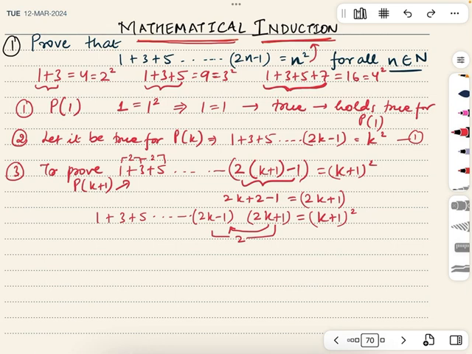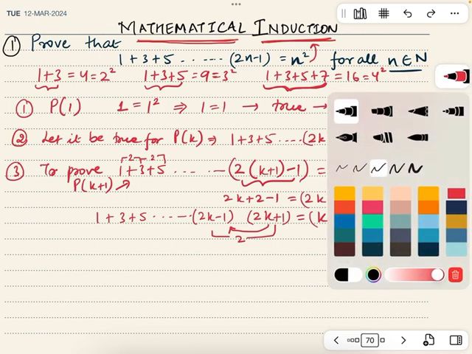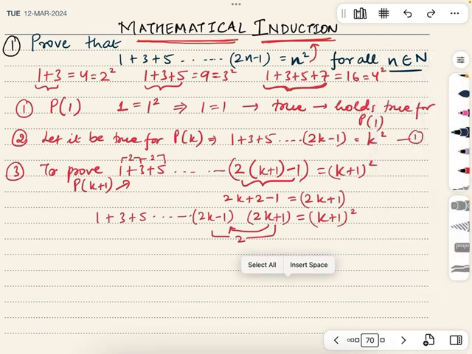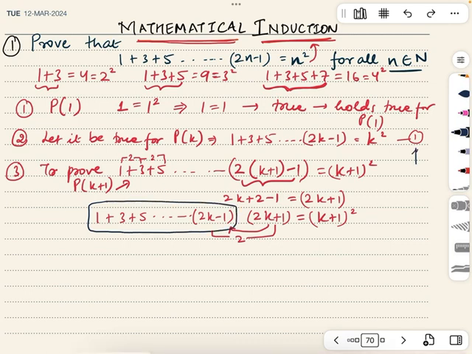So I'm going to use a different color pen so that I can highlight what we are doing. Now you can see that I can replace this part by k square, because that's what the first equation states. The sum of the first 2k minus 1, that is, the first k odd numbers, results in k square.